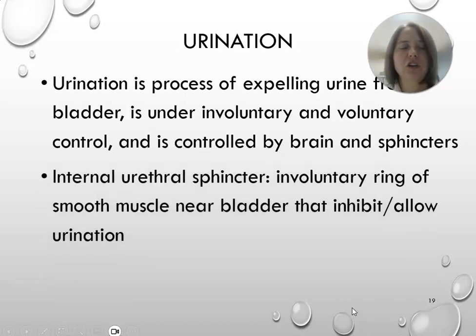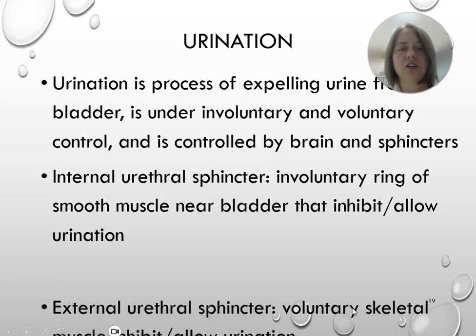So the internal urethral sphincter is an involuntary ring of smooth muscle near the bladder that will inhibit or allow urination. If it's closed, it inhibits. If it's open, it allows urination.